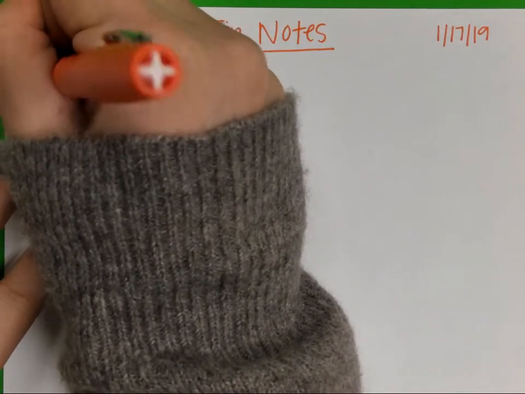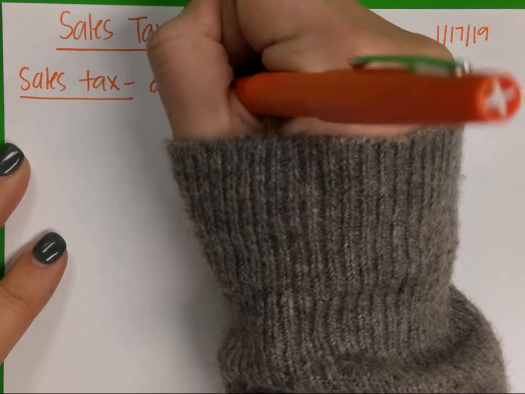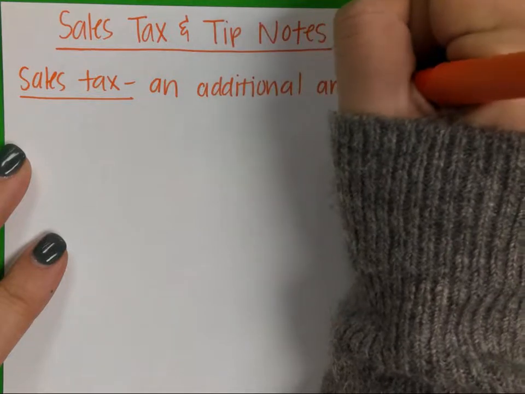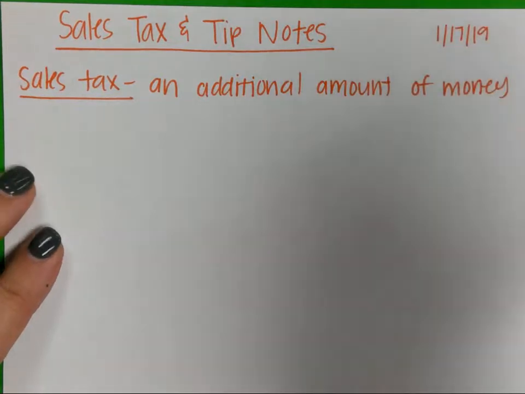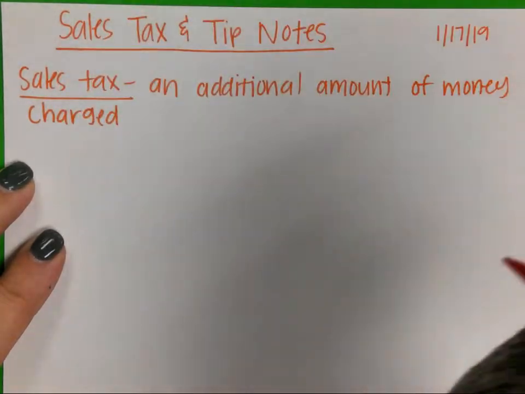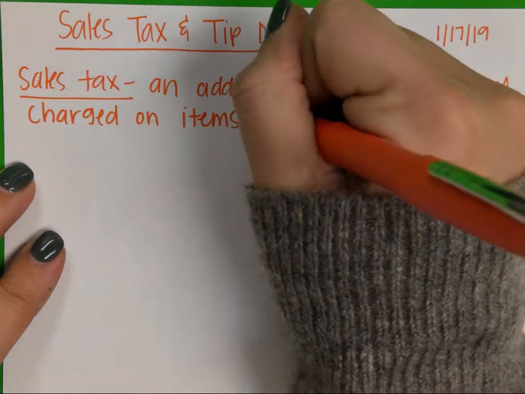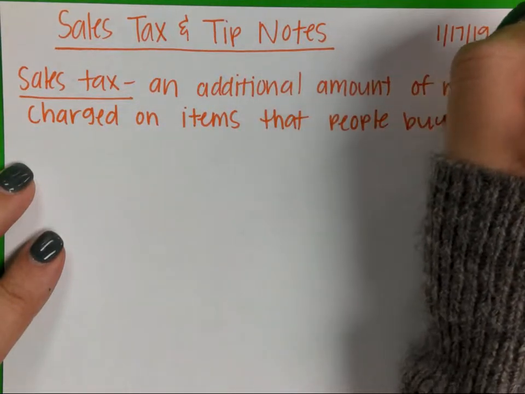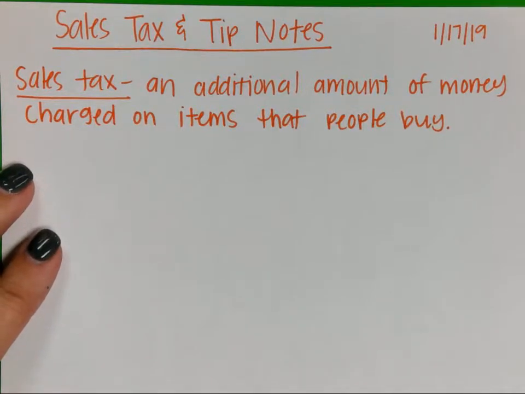So first of all, sales tax is an additional amount of money that is charged on items that people buy.